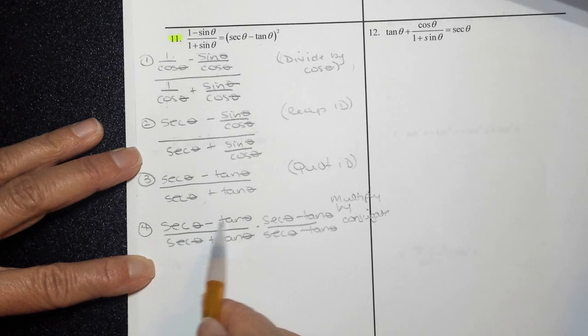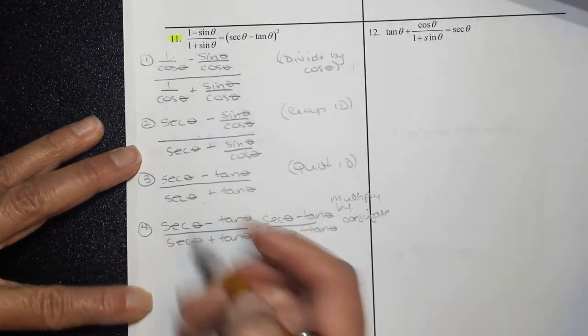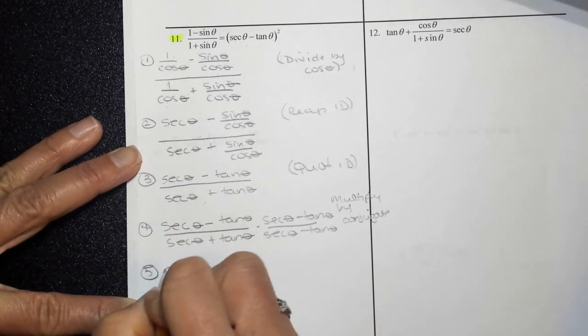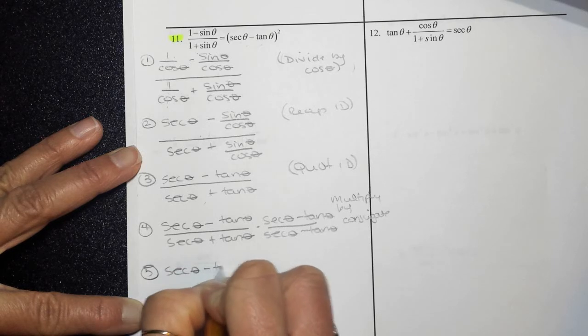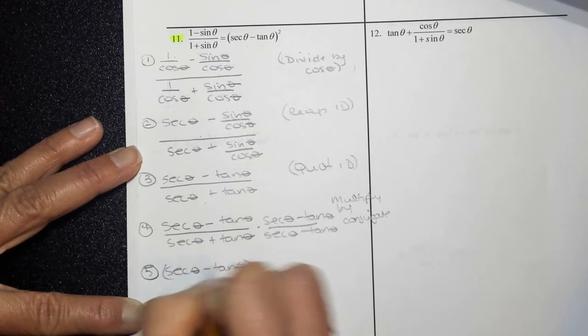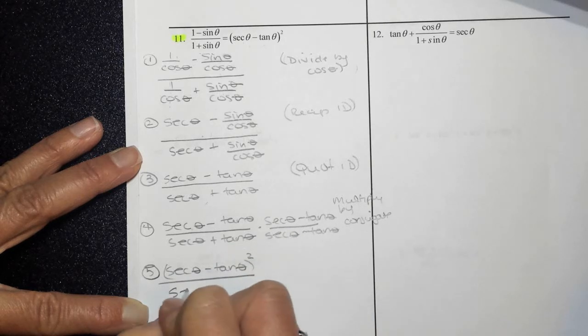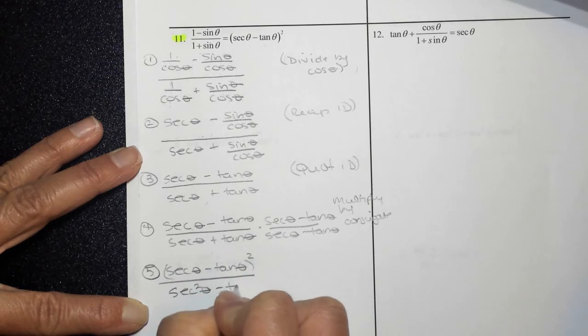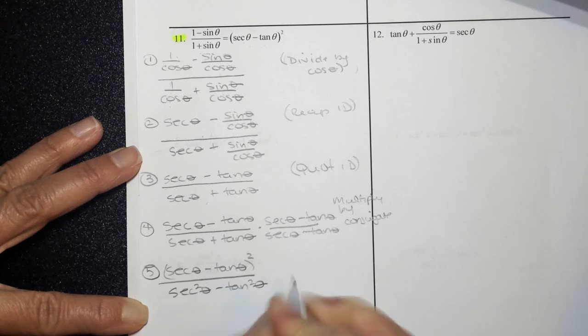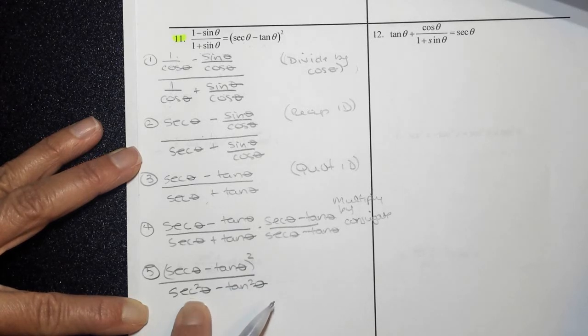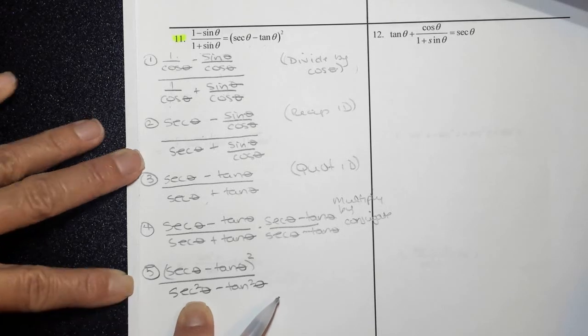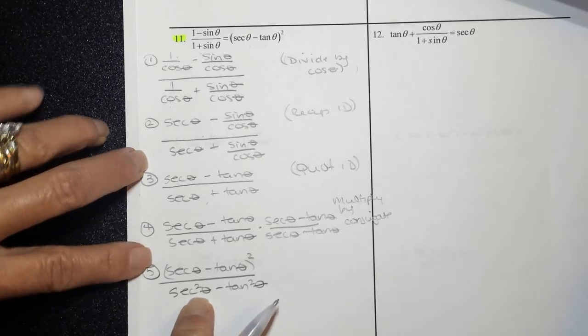This is secant theta minus tangent theta, squared. This is a difference of squares, so this becomes secant squared theta minus tangent squared theta. Secant squared theta minus... Is this a Pythagorean identity?